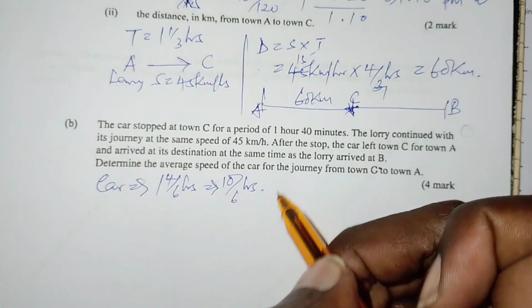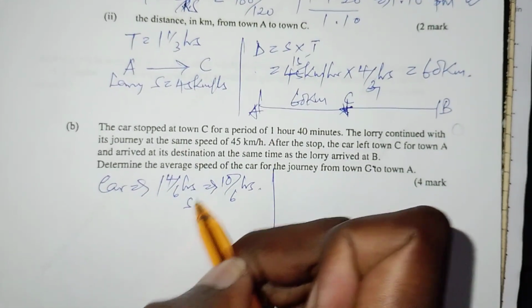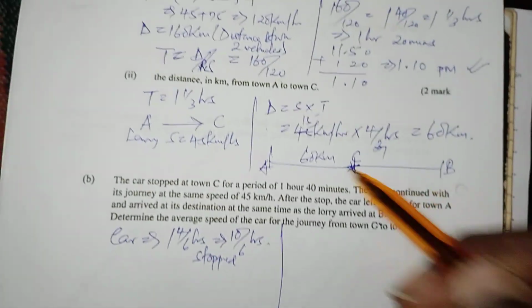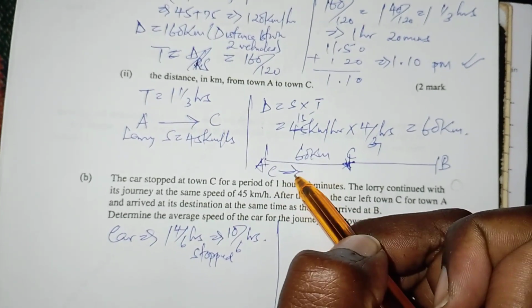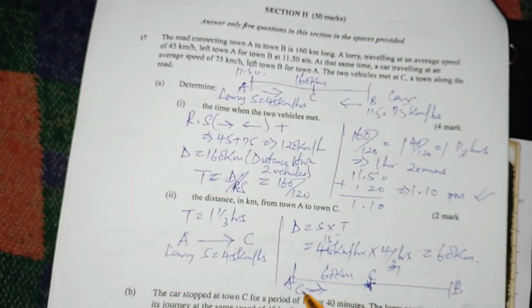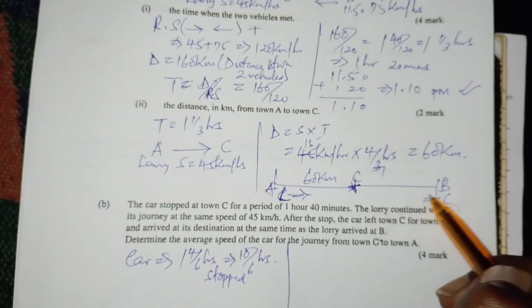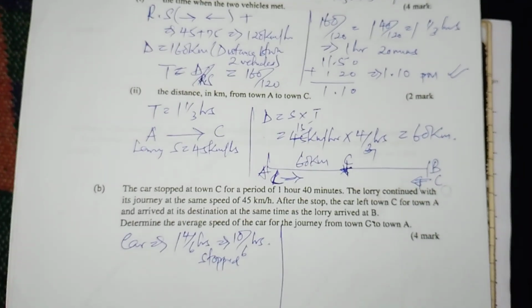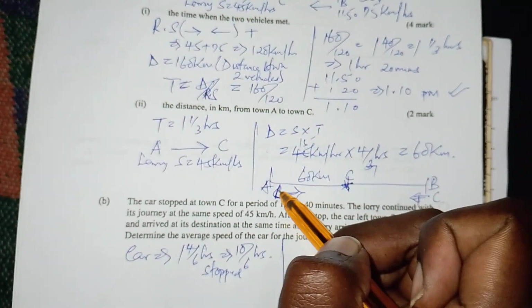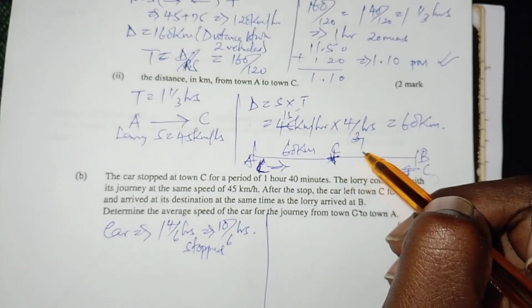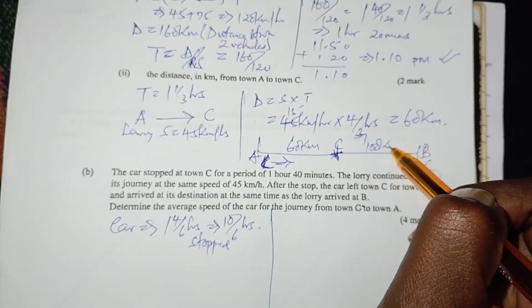This one was stopping. So the lorry started from this side, and the car started from this side coming to this other side. So the remaining distance is 100 kilometers.